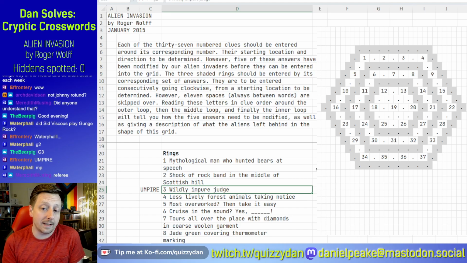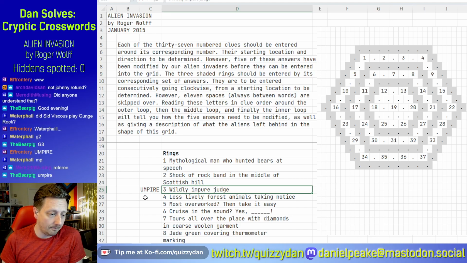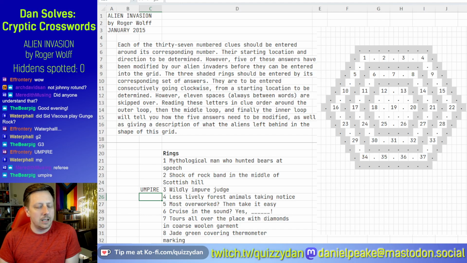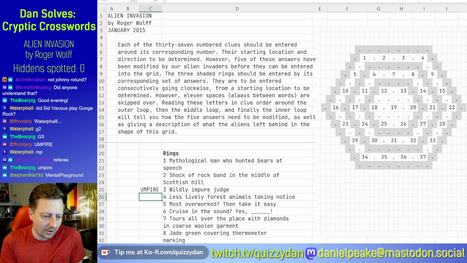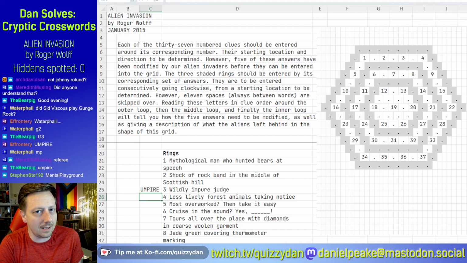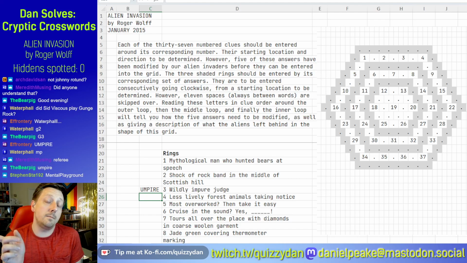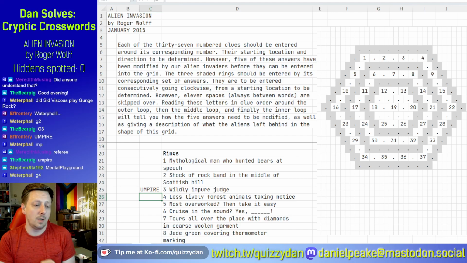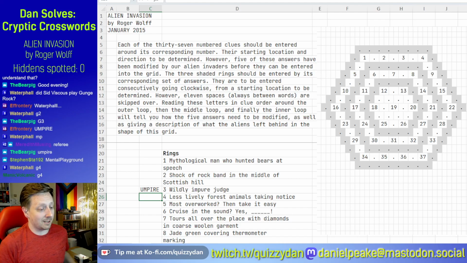And we don't know exactly how it goes in the grid, irritatingly. Clue 4: Less lively forest animals taking notice. Yes, I'm happy with that. Now, I'm going to suggest what that forest animal is, because it's a word that is the same singular and plural. Bambi is my top tip there. Go for 4.